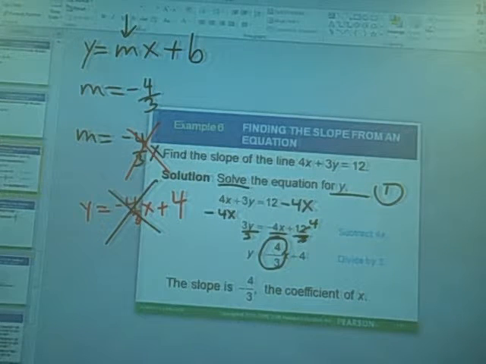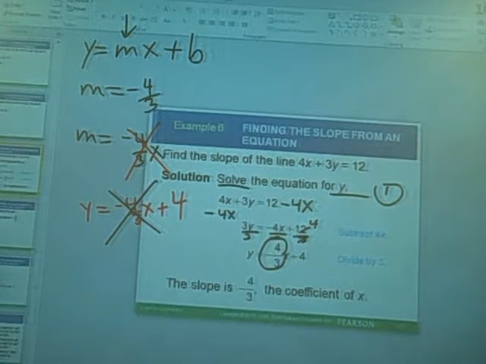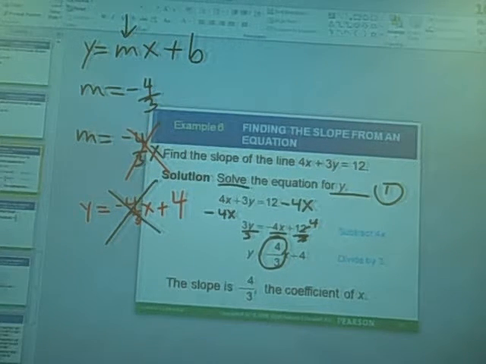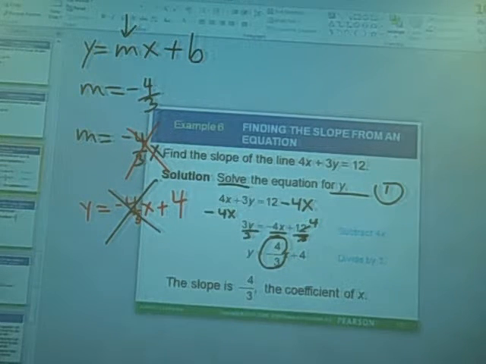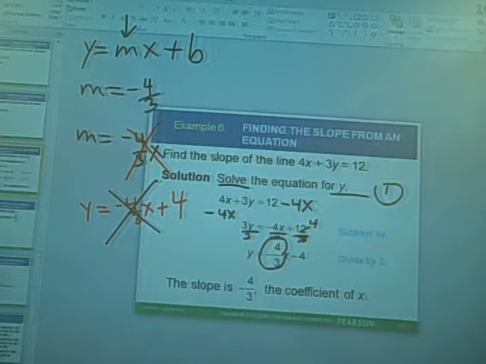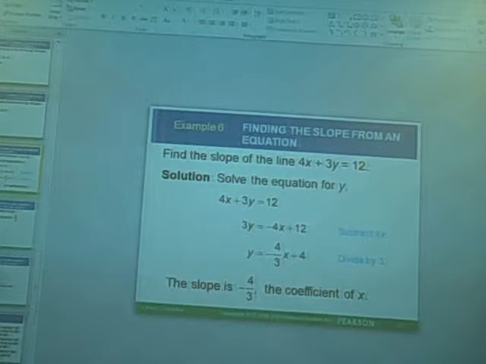Alright? So, when you're asked to find the slope, you only give the coefficient. And what happens here is students tend to solve for y perfectly, no problem, and then they'll leave it and never identify what the slope is. So you have to tell me what that is. All right, questions with that?